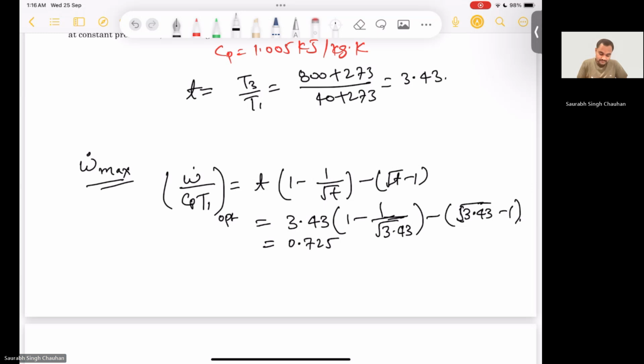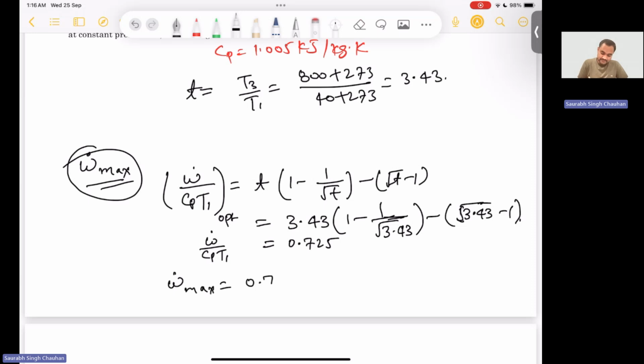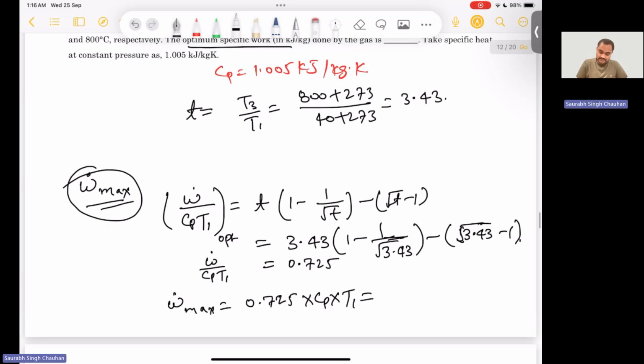This is W by Cp T1, and we have to find W max. So W max will be equal to 0.725 into Cp into T1. Cp is given as 1.005 and T1 is given as 40 plus 273.